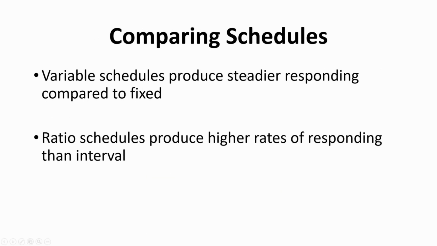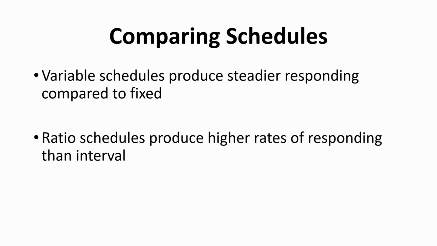So as sort of summing up our comparison of schedules, comparing our variable schedules and fixed schedules, we saw from just looking at our graphs of ideal schedule observations, our variable schedules produce much steadier responding rates compared to fixed schedules.